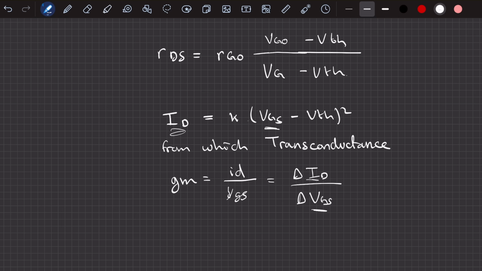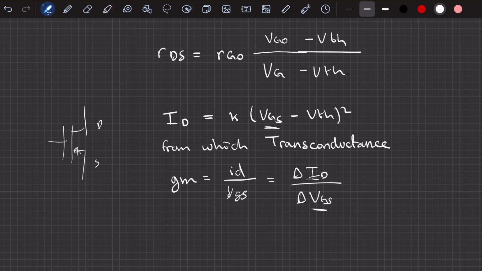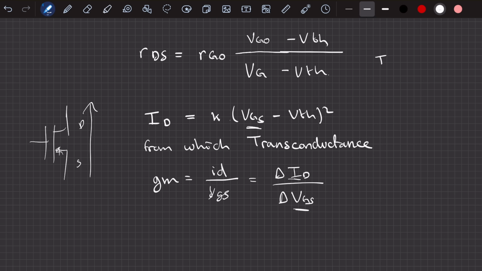Now, before we go too much further into the question, I think it's good to understand what all of these terms mean. So ID is the drain current, and that's basically a current that's flowing from this side up. I mean, the direction doesn't matter really. IDSS, which is a term that we haven't got to yet, is the drain current at zero gate bias.